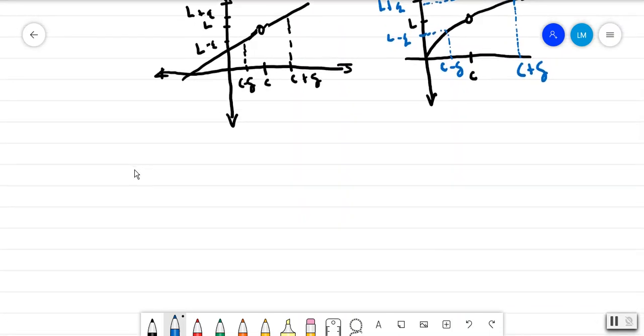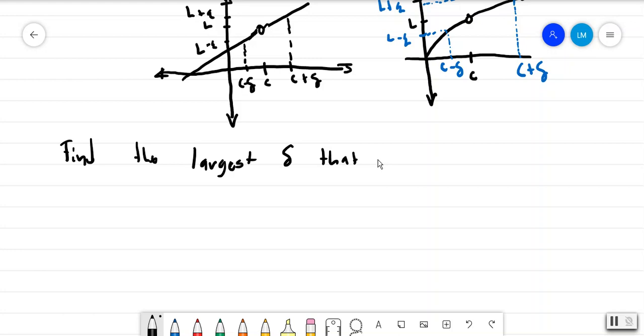Okay, so let's say that we try to show a similar problem, where we want to find the largest delta that works.